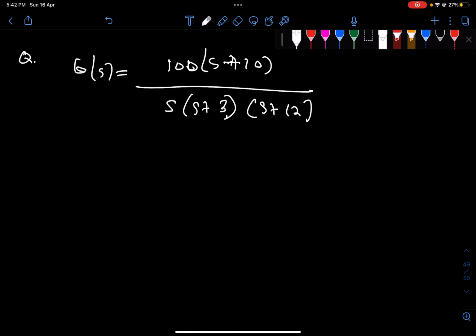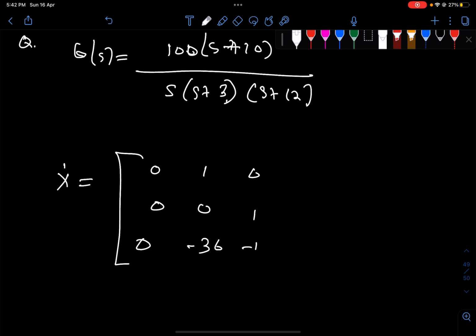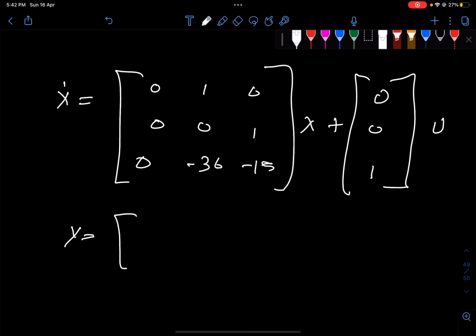It is also given that in state space it is represented with everything given to you, nothing more to find: A is [0, 1, 0; 0, 0, 1; 0, minus 3, minus 50] and B is [0; 0; 1]. Y is nothing but [100, 1000, 100, 0].